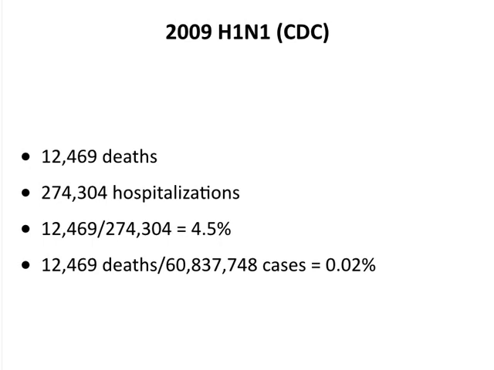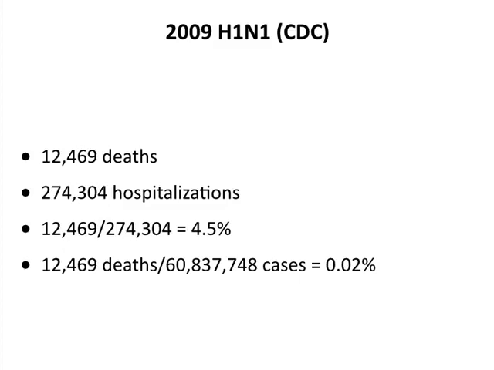Now let's compare it to a pandemic virus that established itself in humans. In 2009, a new pandemic strain emerged, and it's called H5N1. And these are some numbers for the first year in the US from the CDC. There were a total of 12,500 deaths in the US and 274,000 hospitalizations.